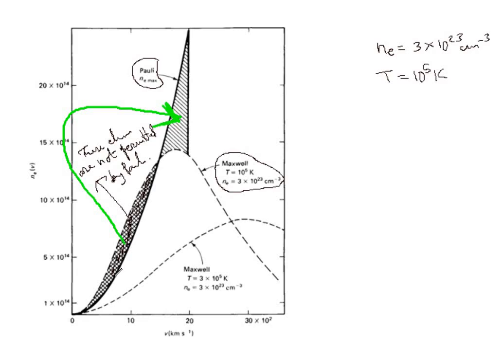Now the actual momentum distribution obtained from this density is shown here by the heavy line. You can see the actual distribution is shown by the heavy line over here.